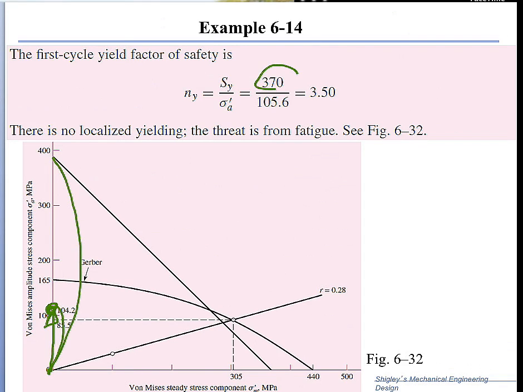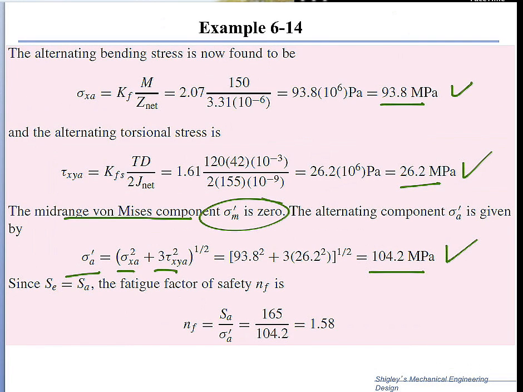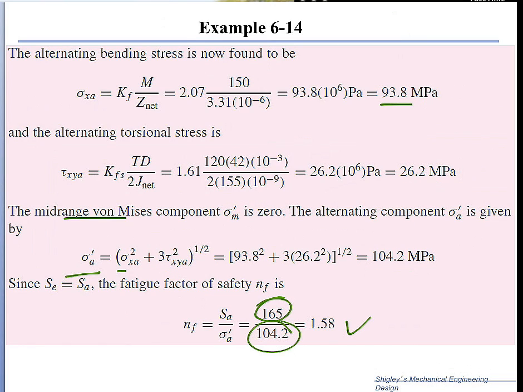So this is 370 divided by 105.6. And if I want to compute the fatigue factor of safety, then I have to find the ratio of this length divided by this length, which means that the fatigue factor of safety is 165 divided by 104.2. It gives us 1.58 as the fatigue factor of safety.